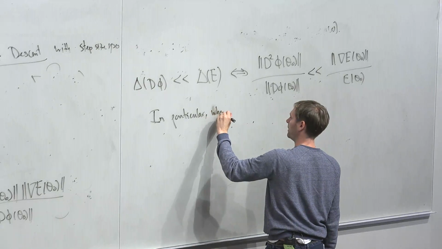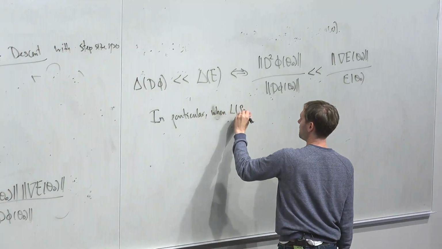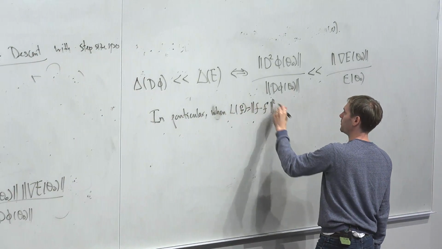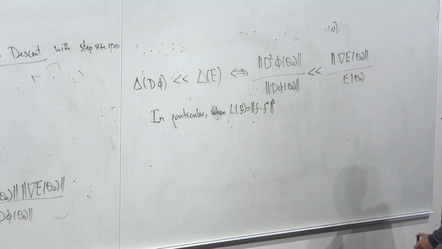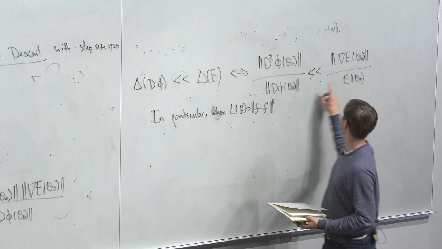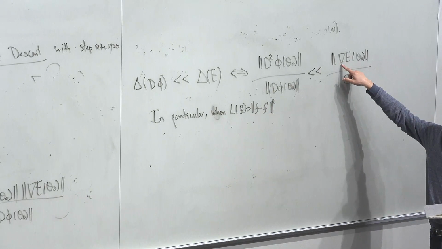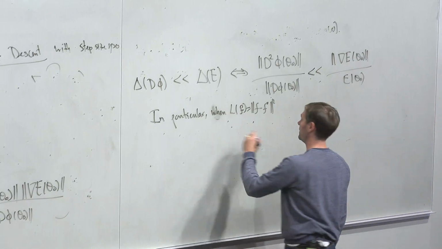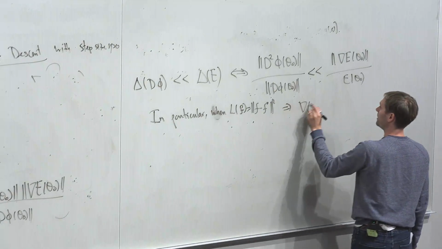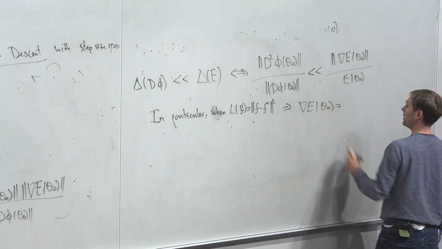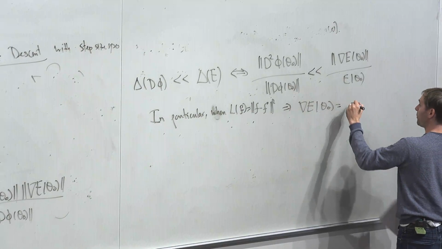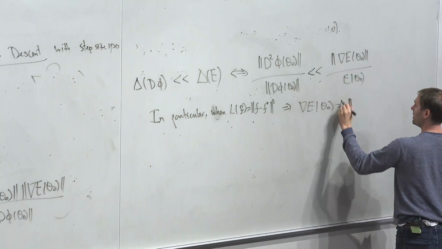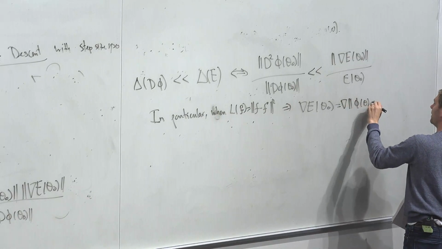when L of f is a squared loss. When the loss is a squared loss, we can explicitly compute this term, right? So in that case, the Jacobian of the loss at theta 0 is just the Jacobian of phi minus f star.